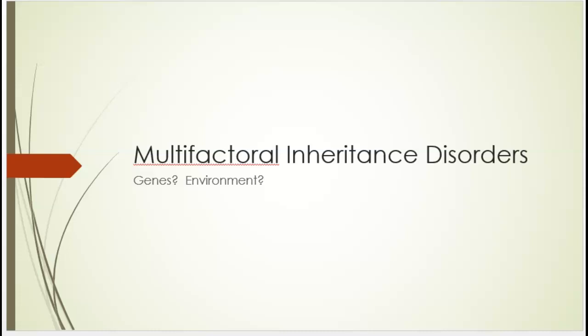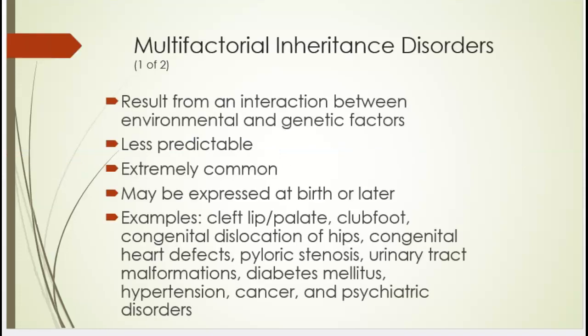That's why your book has deemed it multifactorial, and I've actually taken this from another book, but anyway, so multifactorial inheritance disorders. So environment has affected the genes, extremely common, can be expressed at birth or later, and you could read through that list below. We're going to give you a couple of examples.